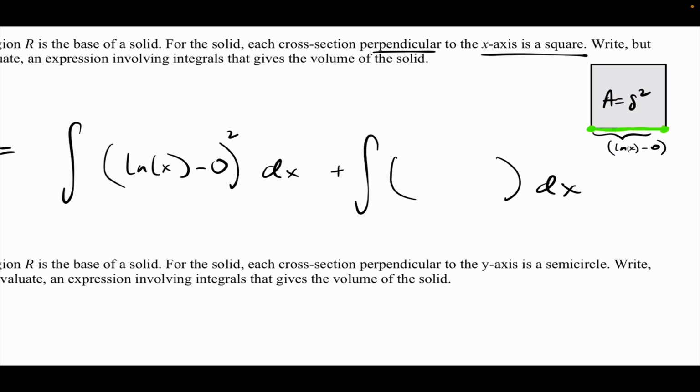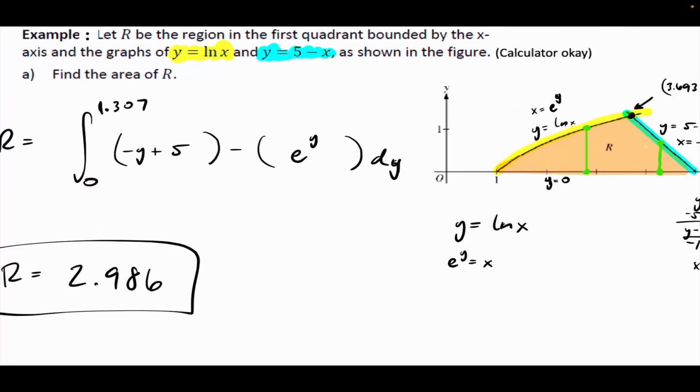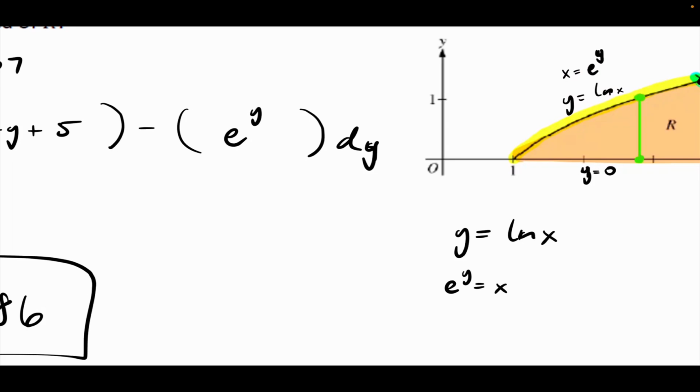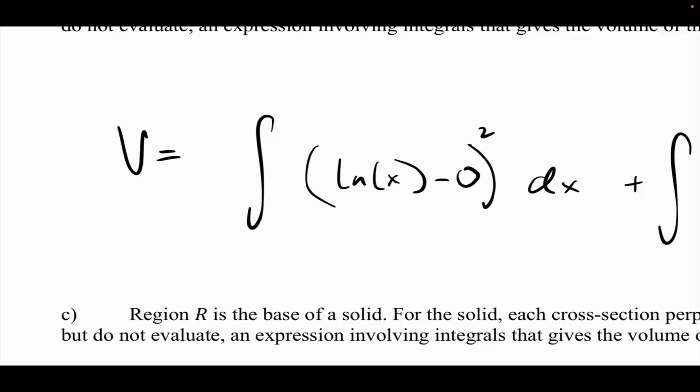Okay. So now the bounds. Since it's dx, the bounds are going to be left to right. Well, the very left, x is 1, right? So it's going to be from 1 to that dot there, 3.693.